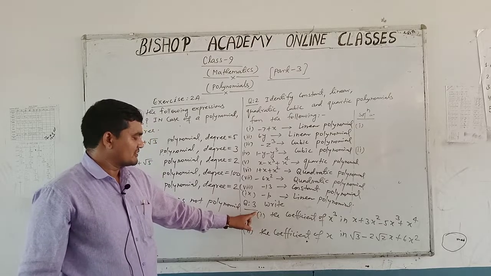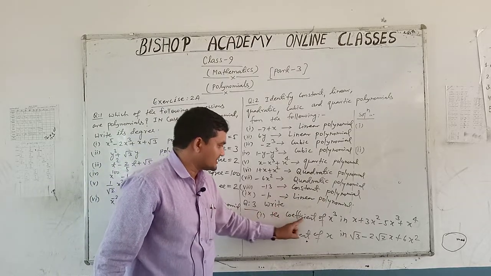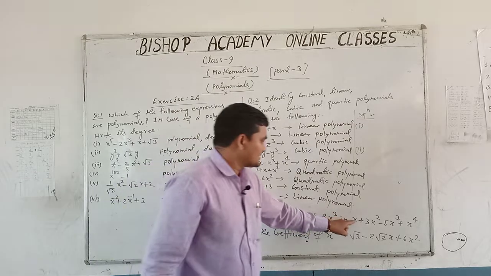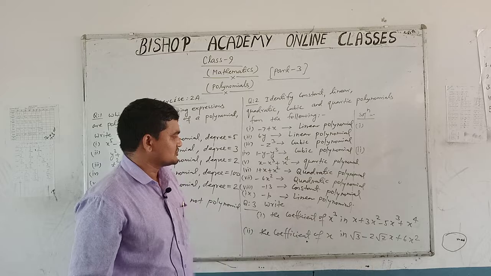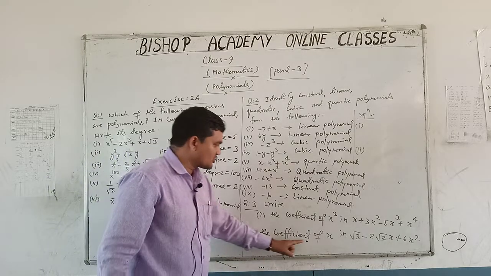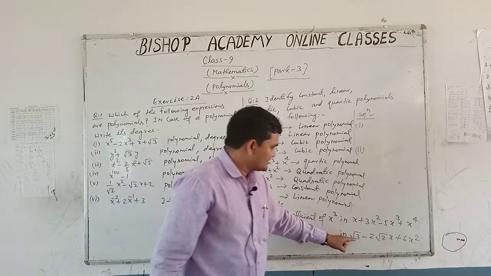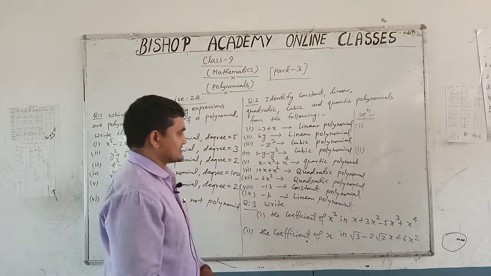And first part of question number 3 is find the coefficient of x cube in x plus 3x square minus 5x cube plus x to the power 4, and in second part we have to find out the coefficient of x in √3 minus 2x plus 6x square.